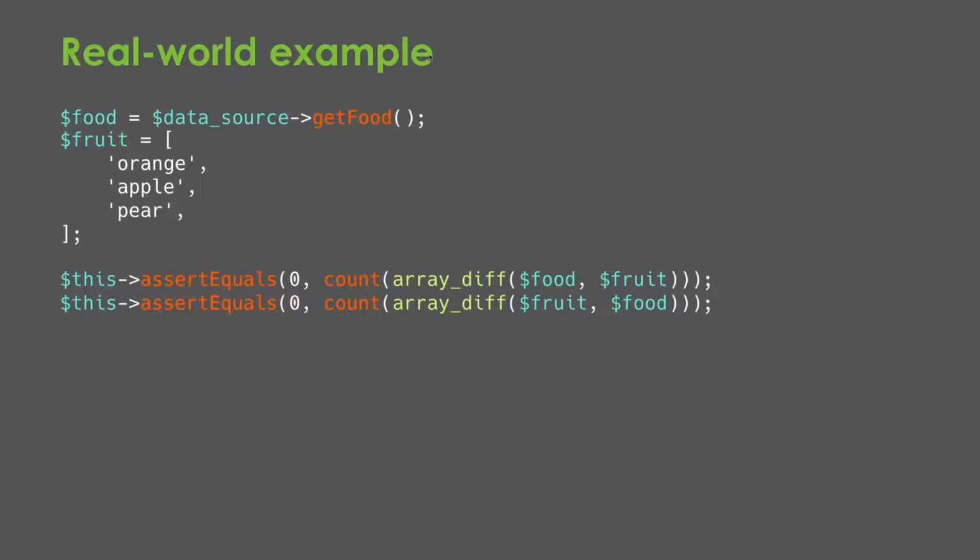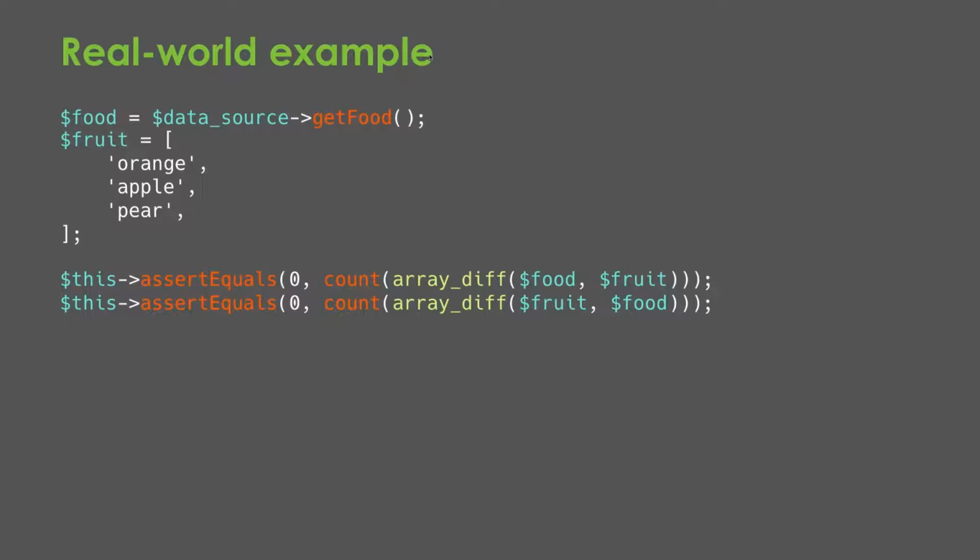And the test was just checking that the returned array, $food, contained all of the items in the $fruit array. The problem was that the database call, which was happening in the data source, was not ordered. So depending on the exact environment that the code was running on, the $food array was coming out in a different order in different environments.